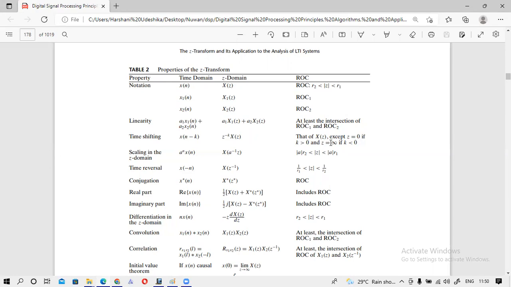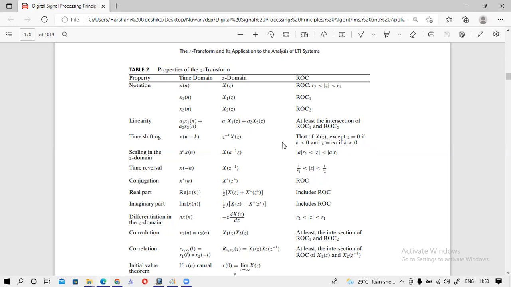And if k is less than 0, z equal to 0 will not be there. Oh no, sorry, the other side. If k is greater than 0, z equal to 0 is not there. If k is less than 0, z equal to infinity is not there.